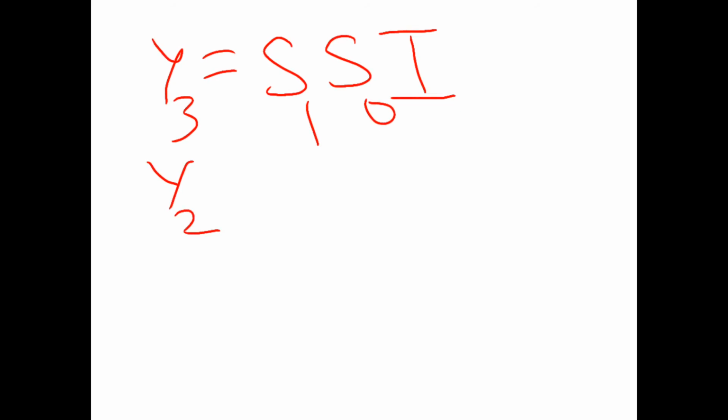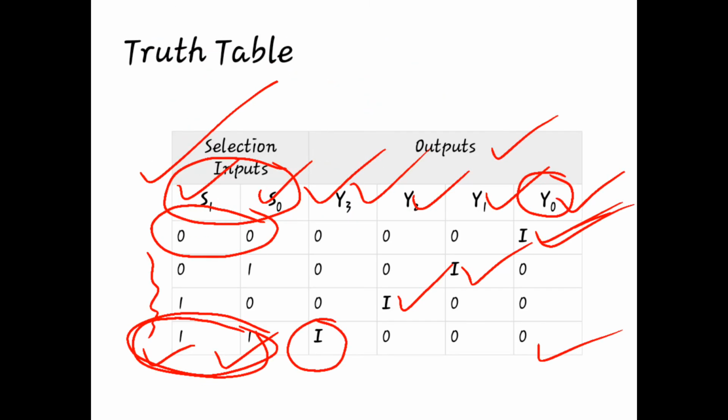So it means the Y3 output is selected for sending input I. Therefore, the expression for this one will be S1, S0 and I. Similarly, if we talk about Y2, then it will be S1, S0 bar and I.